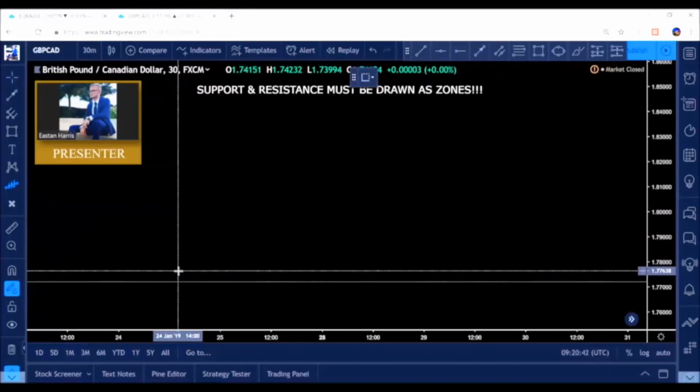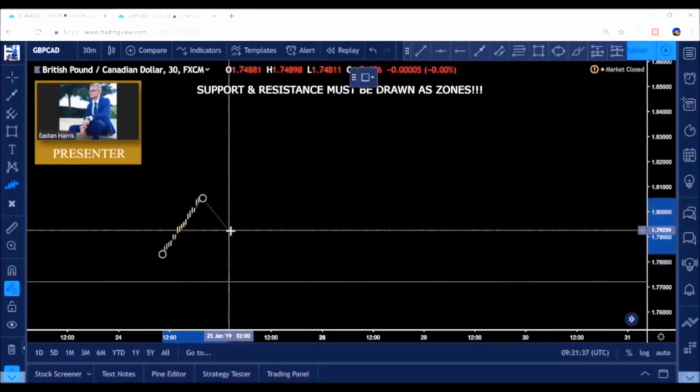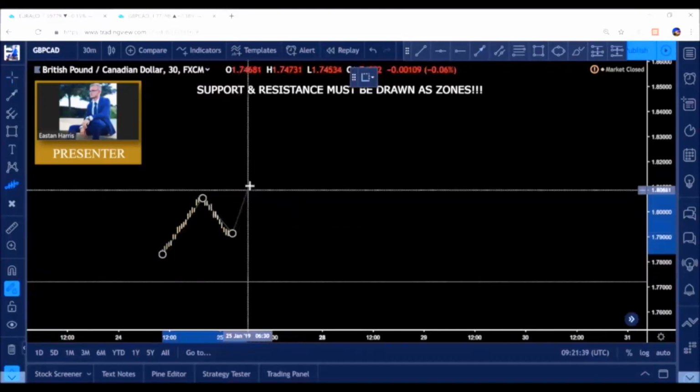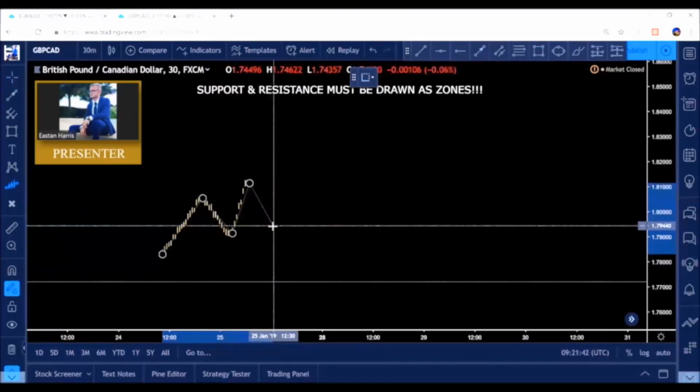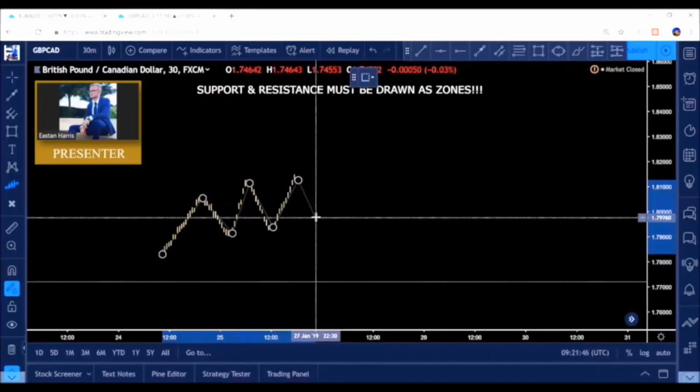There's a general area, and we have to find that area, fine-tune it, and find the very specific parameters of this area so that it can be used consistently and profitably. Now, in the previous videos, we were using support and resistance as lines just to demonstrate the concepts of it. But here, I'm going to show you how that fails.